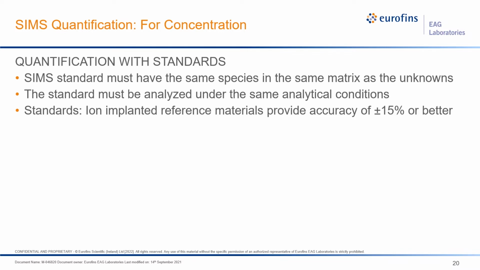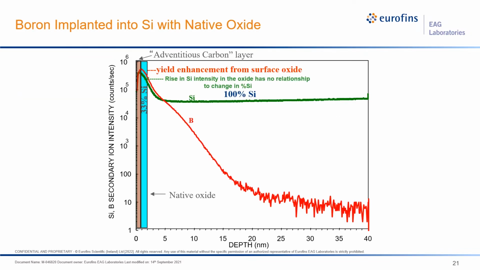The standard must be analyzed under the same analytical conditions to determine reliable calibration parameters. Most SIMS standards are generated by ion implantation into a variety of matrices, and expected accuracy in this case will be 15% or better.